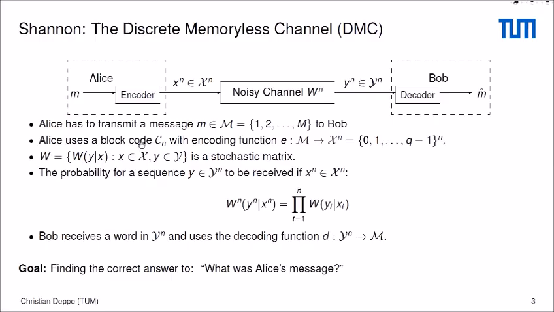The channel is modeled by a stochastic matrix. The probability for a sequence y^n to be received if x^n is sent is described by this matrix here. If Bob receives a word y^n and uses the decoding function D, he can find out what was Alice's message.